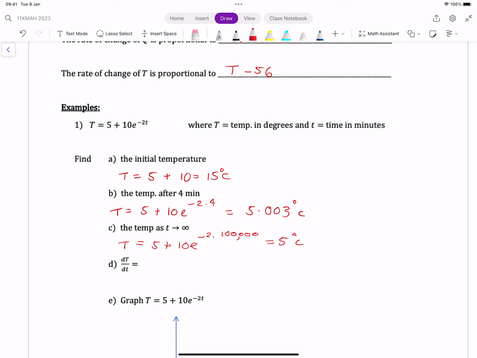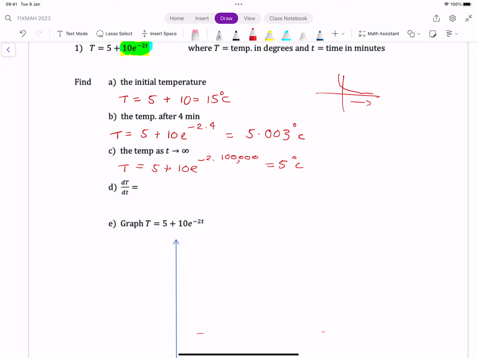But as t approaches infinity, the reason it approaches 5 is because 10e to the minus 2t is an exponential graph, and it looks like this because you've got a minus. So we can see that as time goes on, your exponential graph approaches 0. This part of your graph that I'm going to highlight again, that approaches 0. So that means your temperature would just be 5.